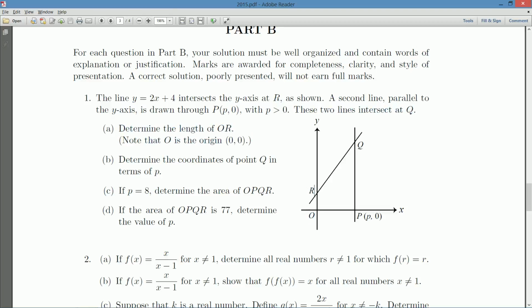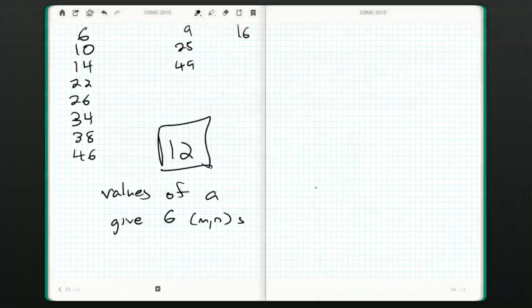Determine the length of OR, that is O is the origin here. OR, okay, well, it's written in y-intercept form, so we'll make a note of that.